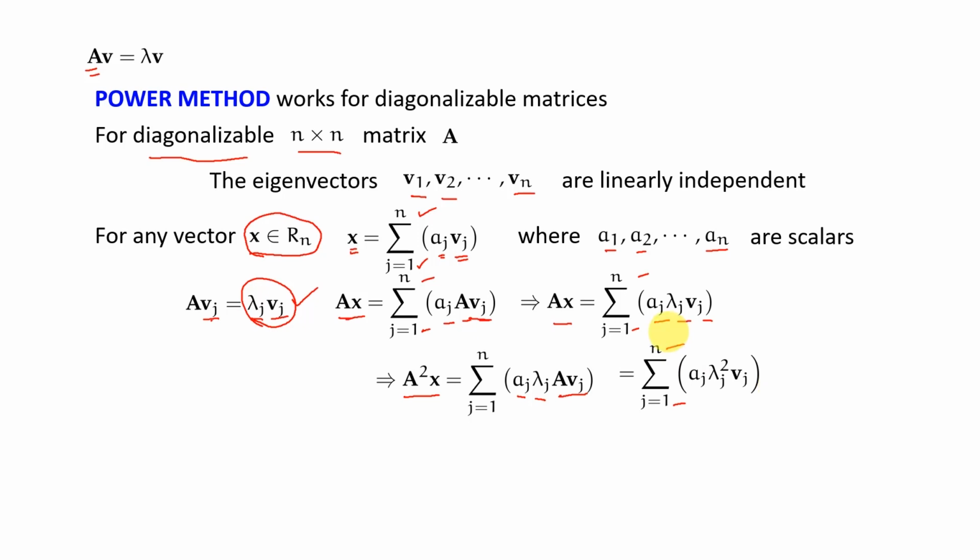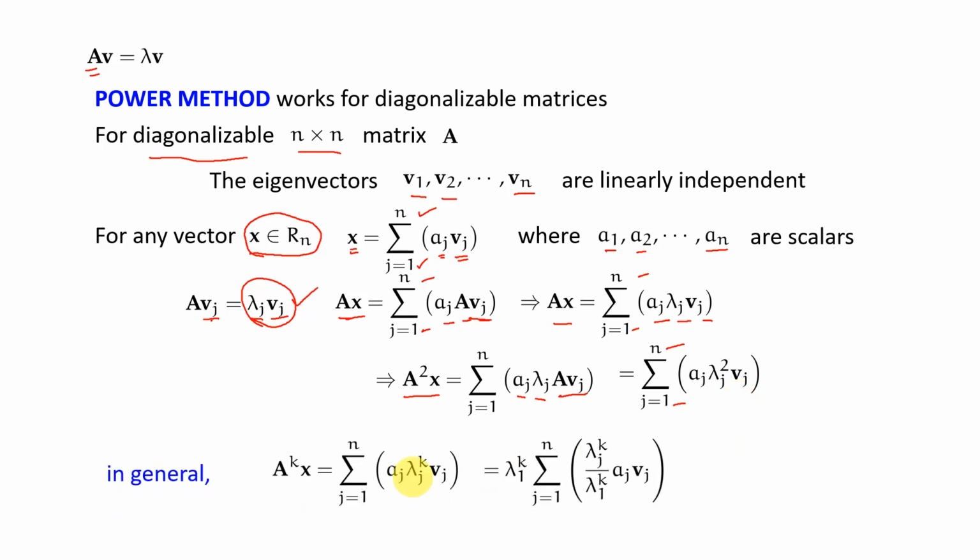We can now clearly see the emergence of a pattern here. When I have Ax, I have aj lambda j vj, and then when I have A square x, I have aj lambda j square vj. So we can now generalize this as A to the power k x equals sum aj lambda j to the power k vj, and this is summed over j equals 1 to n.